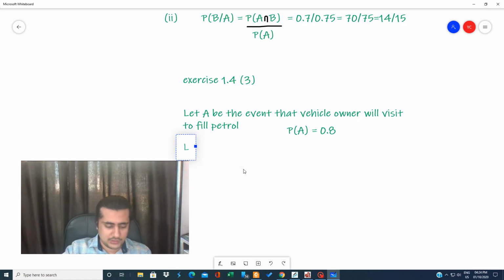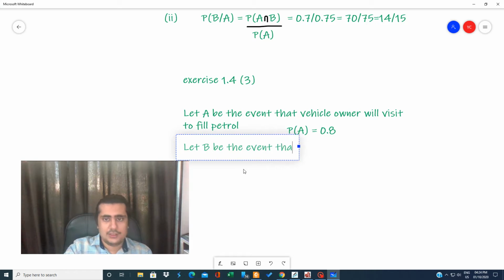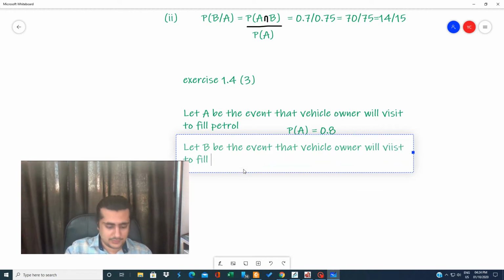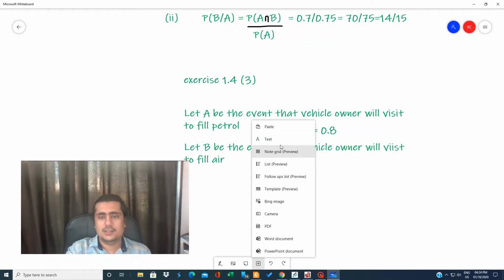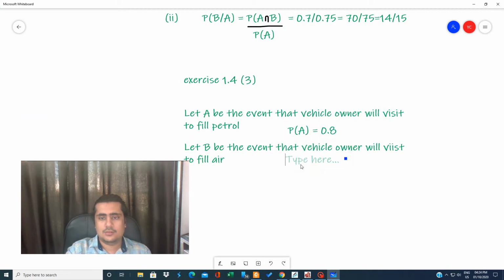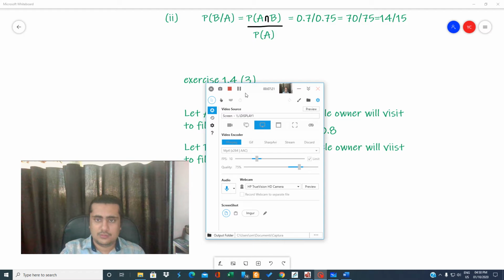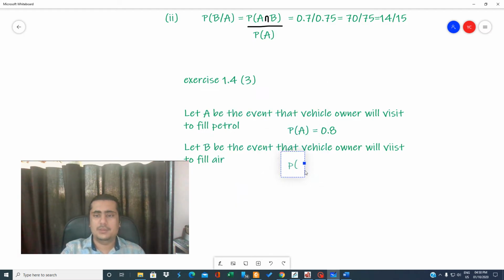So let B be the event that the vehicle owner will visit to fill air.